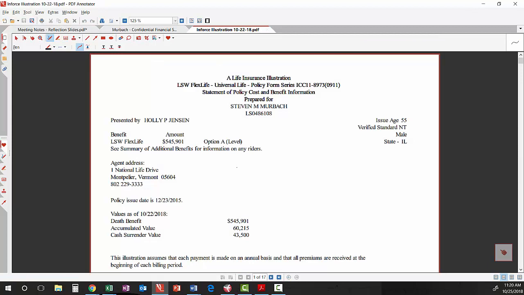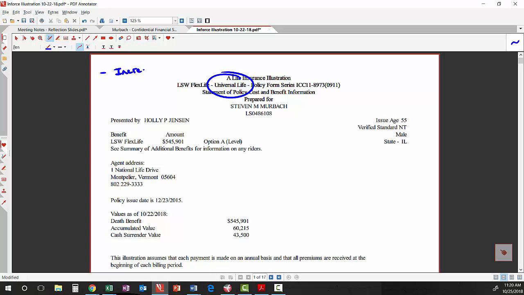Okay, what you have, and we see these fairly often, is you actually have a universal life policy as opposed to a whole life policy. That's an issue, and I'll show you why that's an issue in just a second. But the mechanics of a universal life policy are as follows.